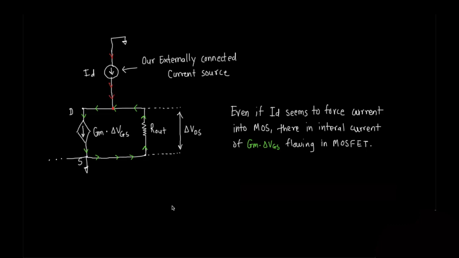Now as we know that the external current cannot change but the GM times VGS current will still flow, we can see that the solution is still achievable if the GM times VGS current is flowing through Rout only. This way the external current also feels that it is pushing constant IDS, but internally one current is just bifurcated into another path. This is amazing.